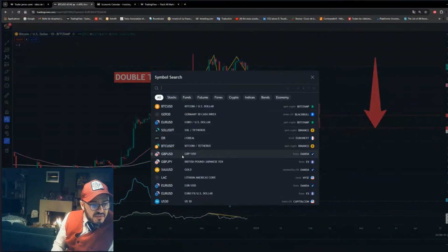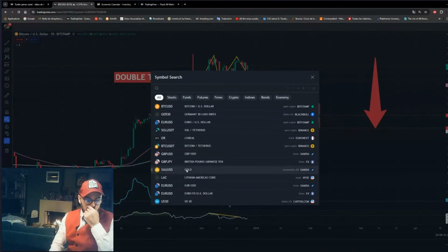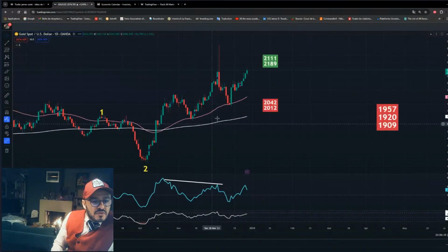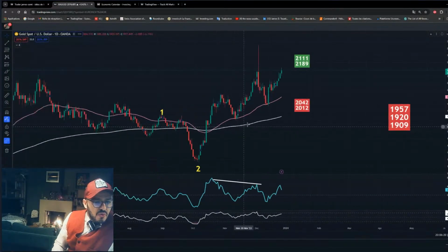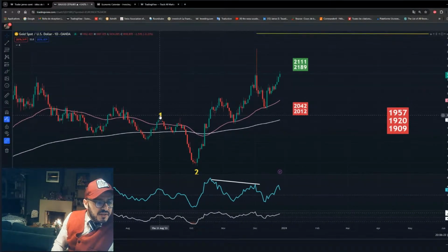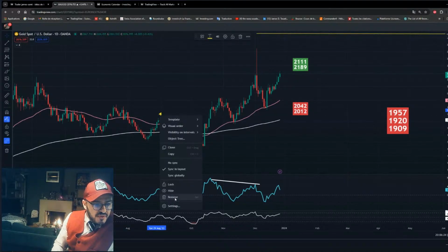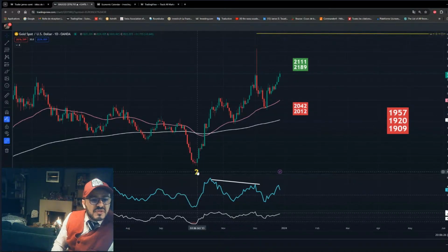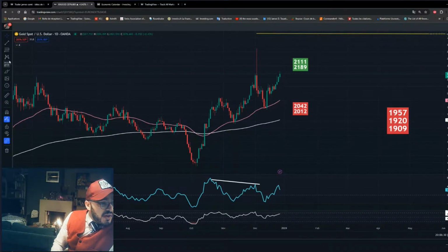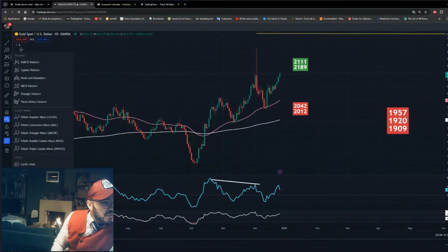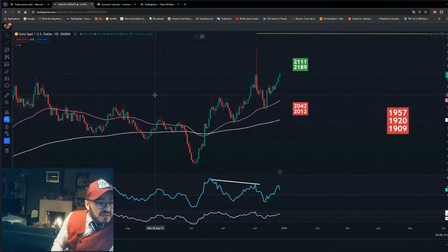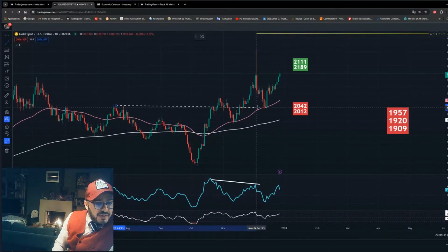Now we go on USD, not BTC, GBP, the gold. So what about the gold? The gold, as I said yesterday, I'm going to draw for you. We have a reversed head and shoulders here. It's not very beautiful, but it is.